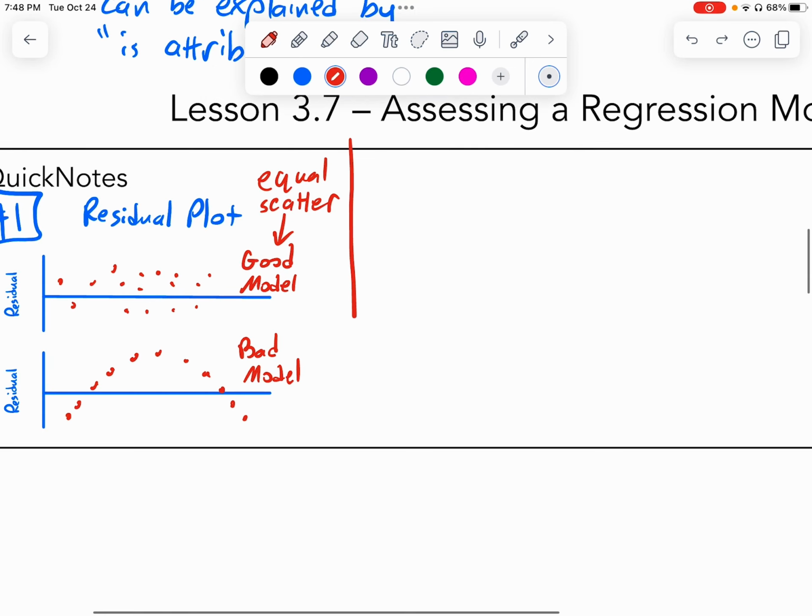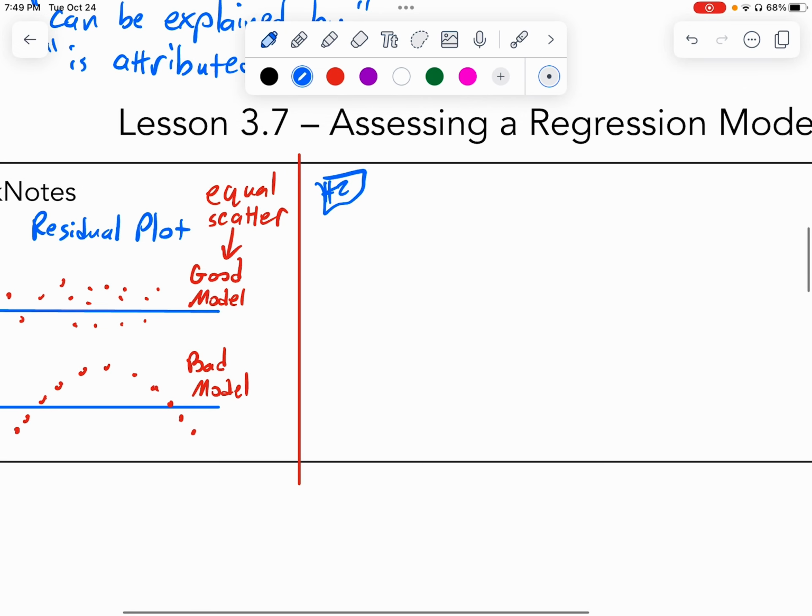Okay, number two. What is S? Just a refresher, it is the standard deviation of the residuals. If your residuals are on average very small, very close to zero, S will be small.